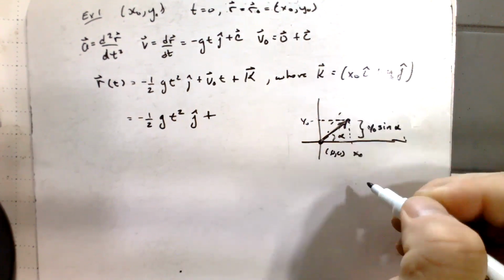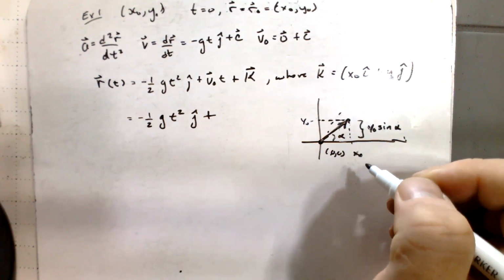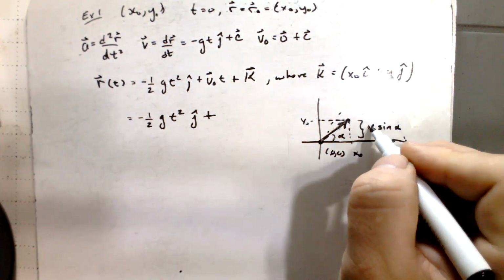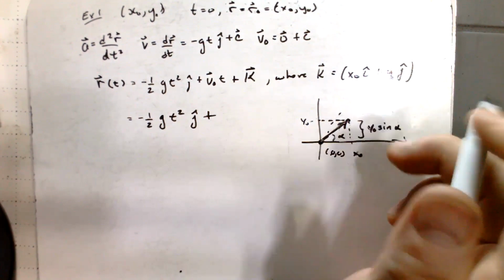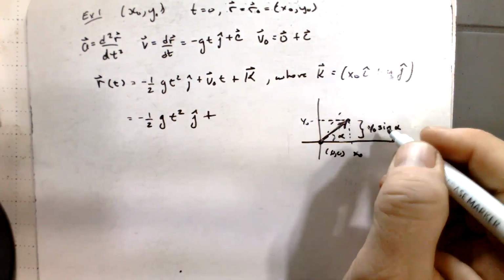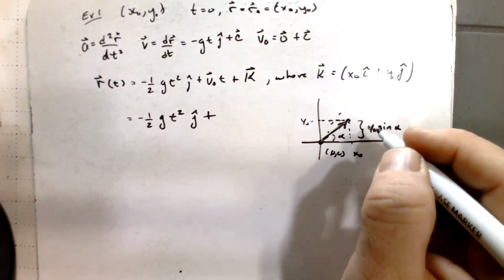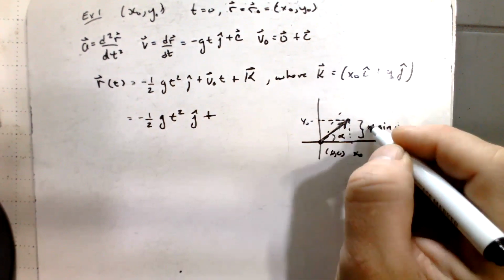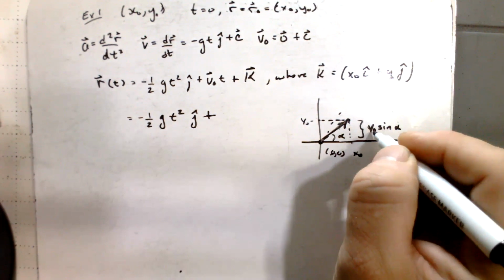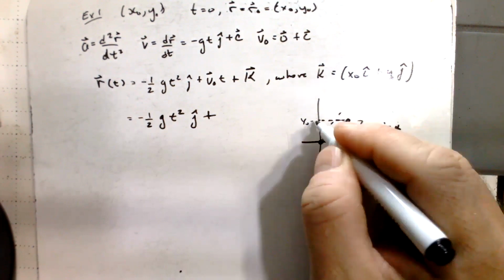That's the component along that direction. And so let's go ahead and show that relationship with respect to v naught. I think I said y naught because I was looking at y naught.